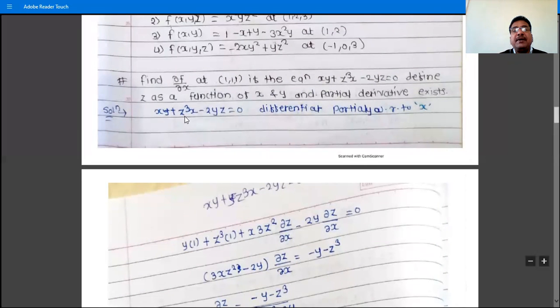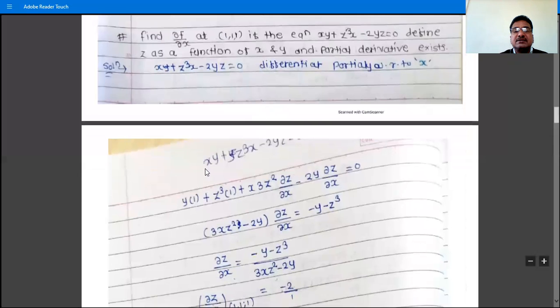Z is not an independent variable. Here z is independent, so the derivative of y z square with respect to y or z: with respect to y, y is constant, z square is constant, and the derivative of y is 1. And if we differentiate y z square with respect to z, then y is constant and the derivative of z square is 2z.